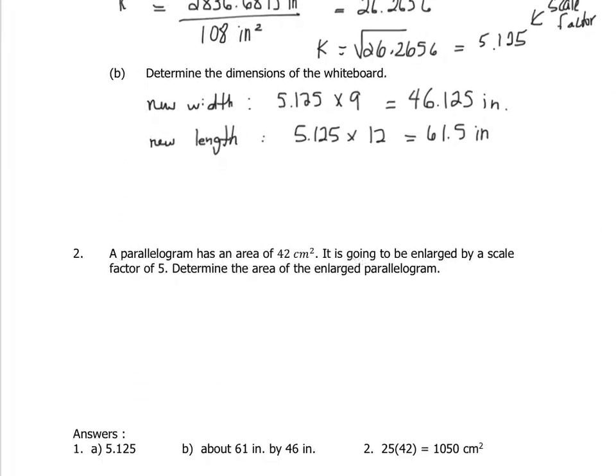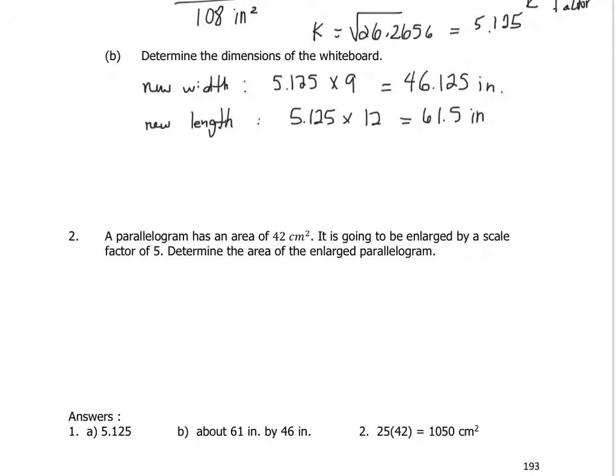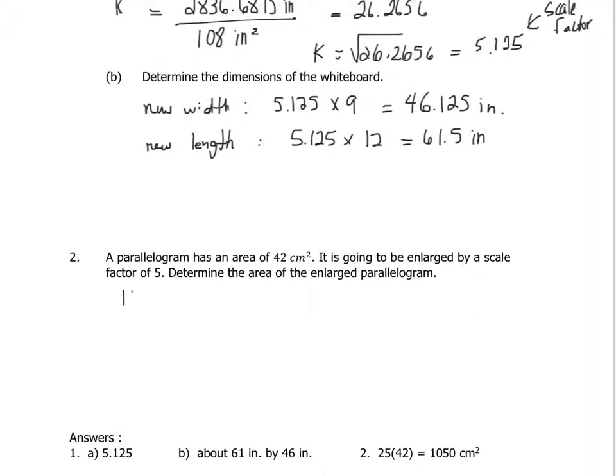A parallelogram has an area of 42 centimeters squared. It's going to be enlarged by a scale factor of 5. And it says determine the area of the enlarged parallelogram. So again, if we use our formula, k squared equals area of image over area of original, we end up with k is 5.